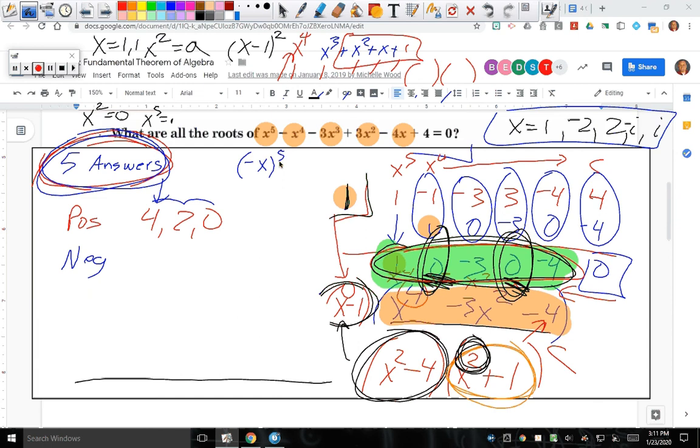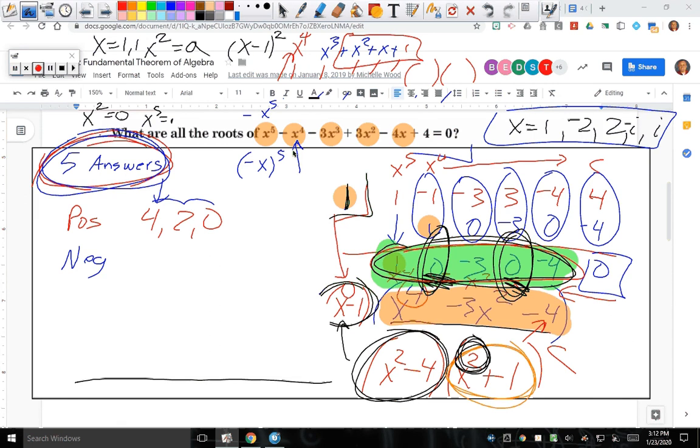And if you catch this, it could be 500 points. Negative x to the 5th would become what? Negative x to the 5th, because negatives to an odd power remain negative. I'm not going to write this out because I don't have that much room up here anymore. Imagine, just where x is at, I'm going to put in a negative x.